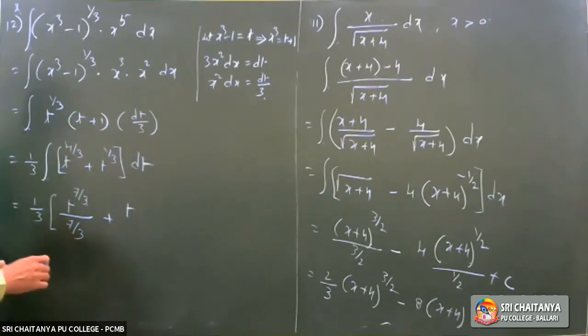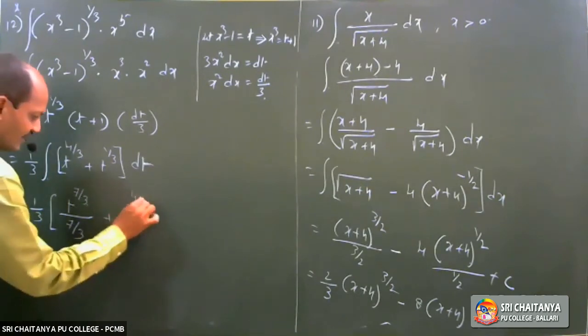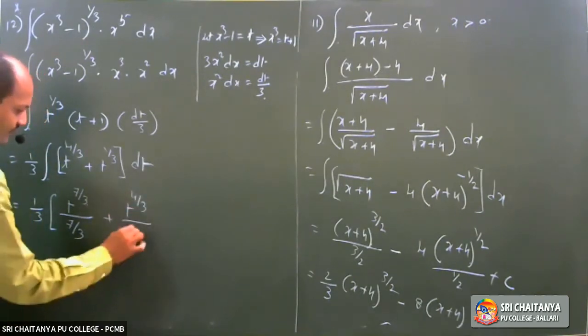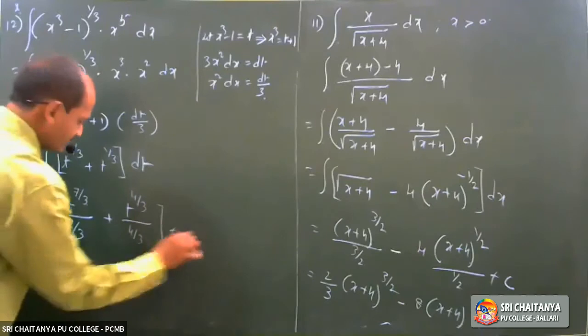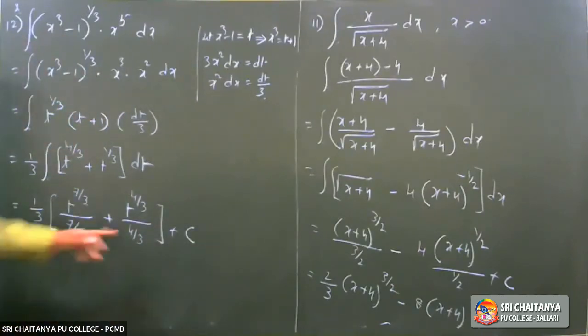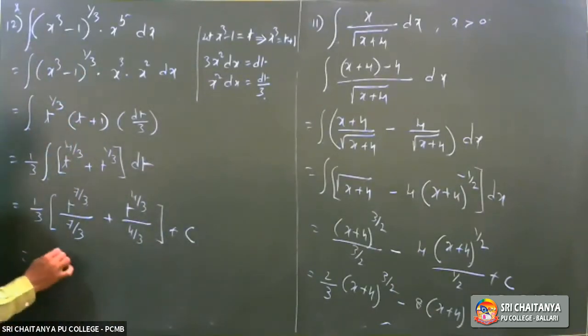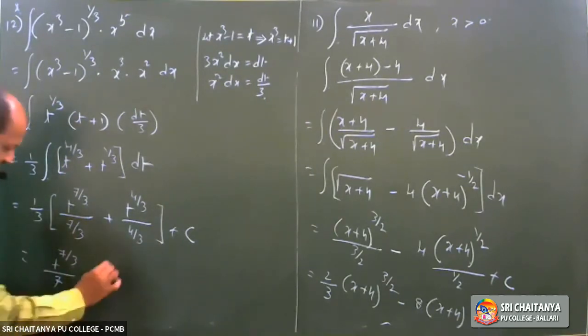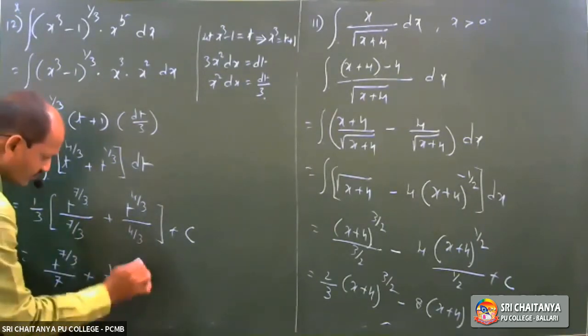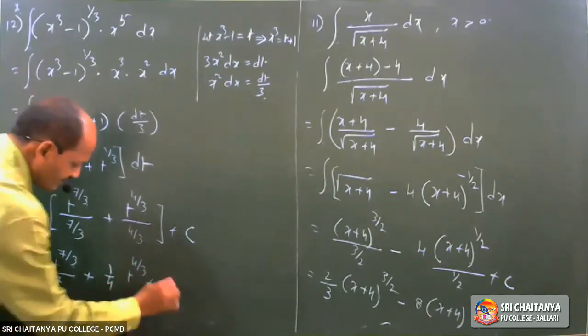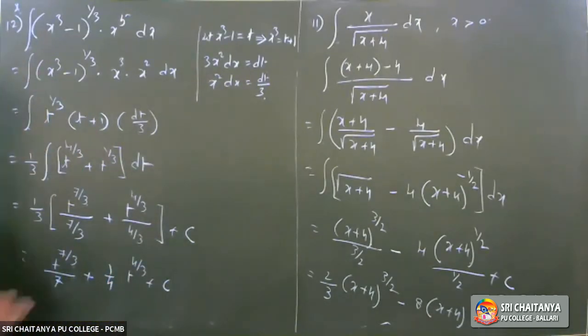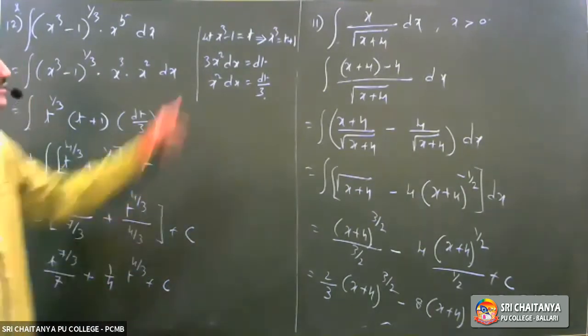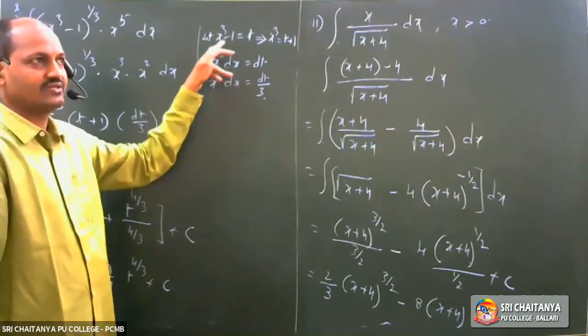Plus t power 1 by 3 plus 1, it is 4 by 3, divided by 4 by 3. The 3 removes, we get t power 7 by 3 divided by 7, plus 1 by 4 into t power 4 by 3, plus c. Again, we have to substitute instead of t, that is x cube minus 1.